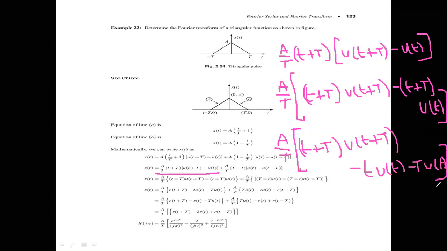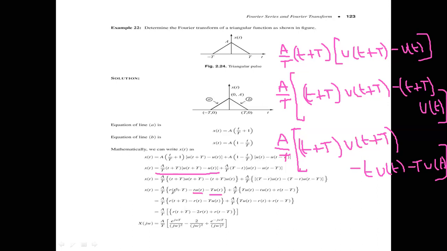Okay. So finally we got this one. See, A by T, T plus T mu of t plus T, and the next one is T with the mu of t as a minus capital T mu of t.